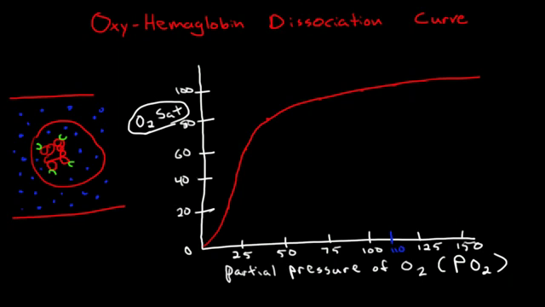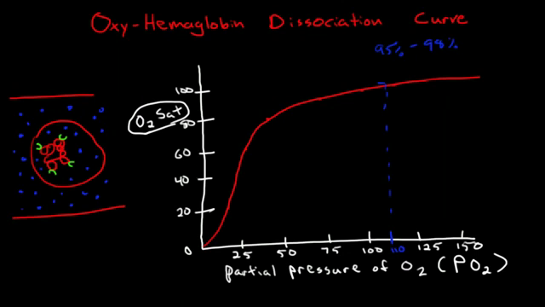When we have a normal PO2 of around 110, our saturation is usually going to be about 95 to 98%.